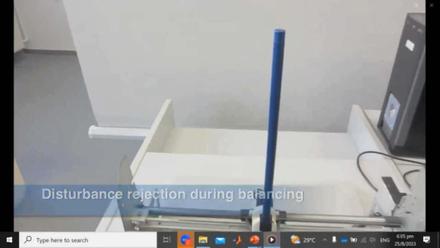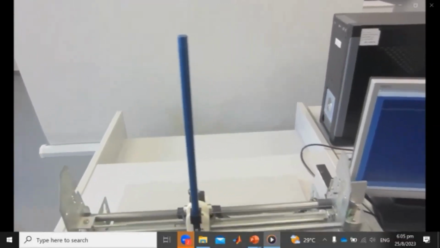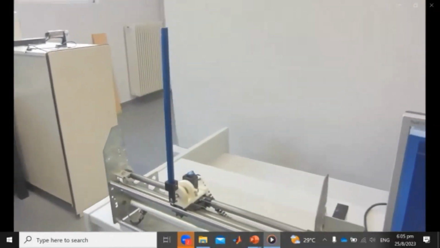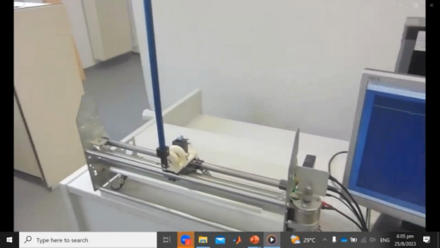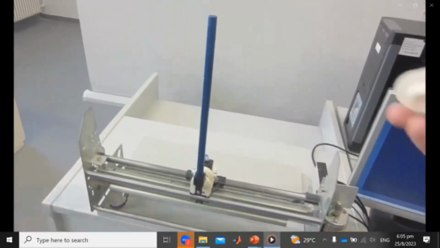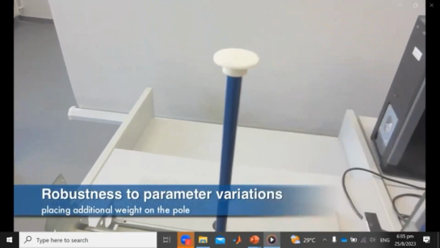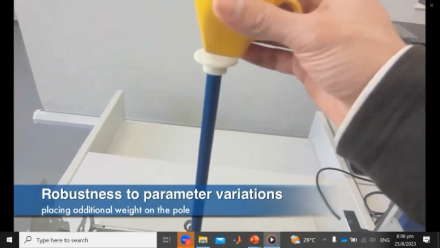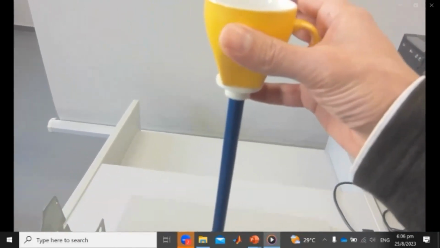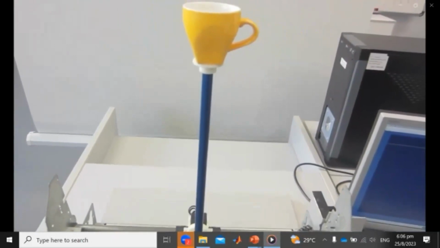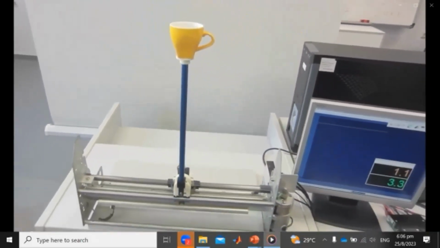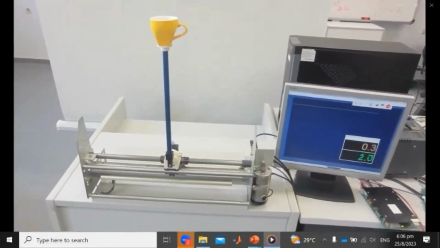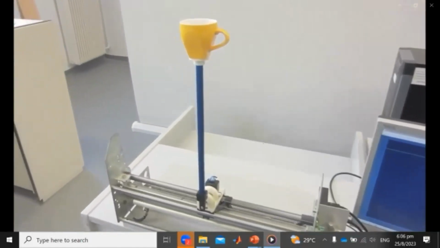If there is an external disturbance, a touch, it can still balance. This next one is not about the disturbance.